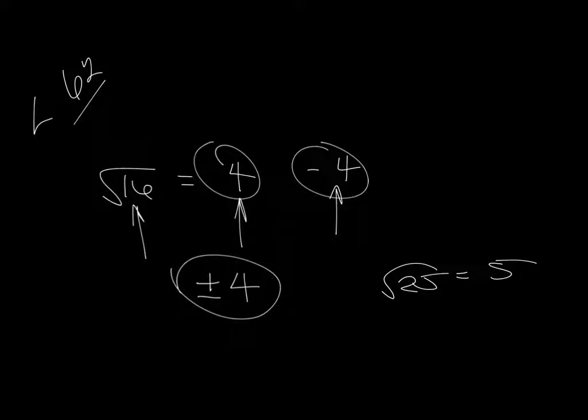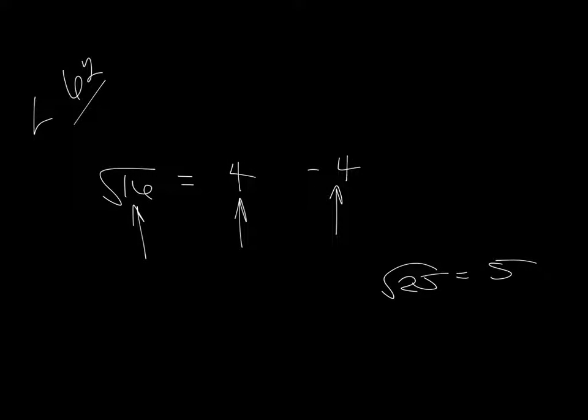Okay, so we get down to that first example, and it tells you to use your calculator and find out what the square root of 18 is. And when you do that, you end up getting 4.24264.